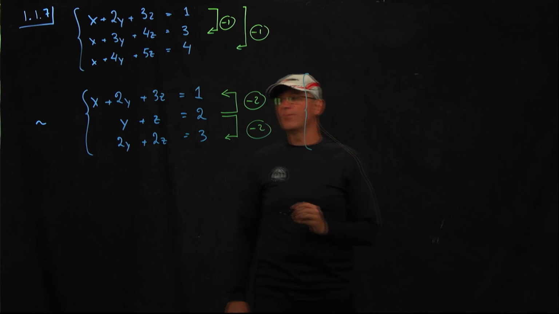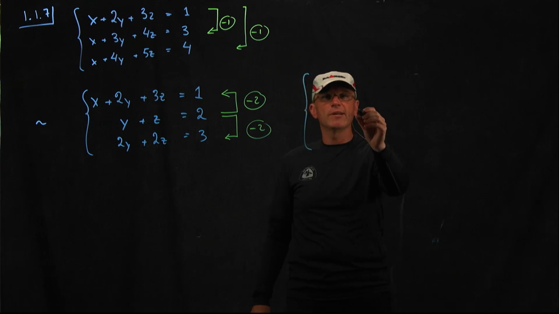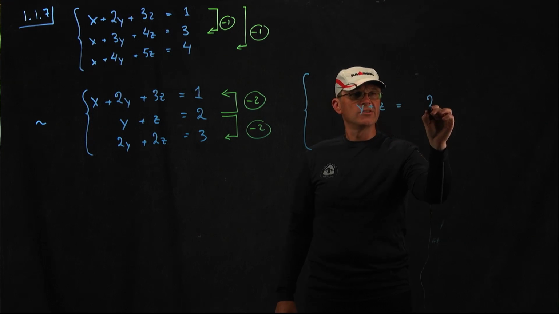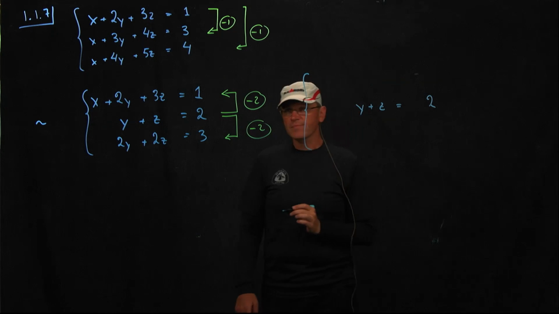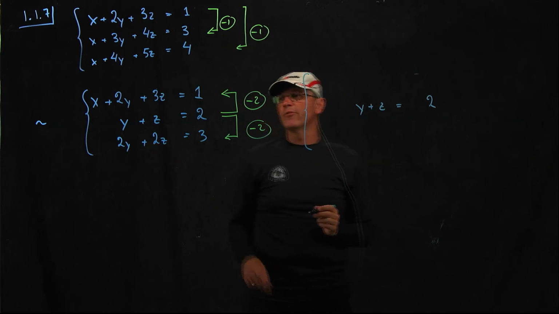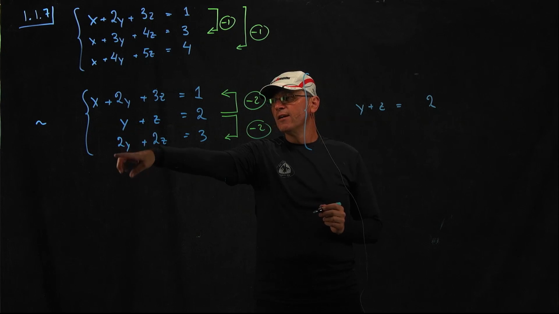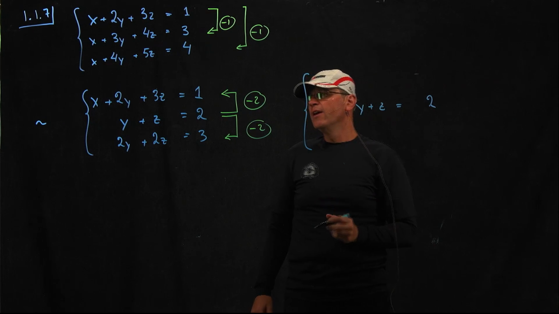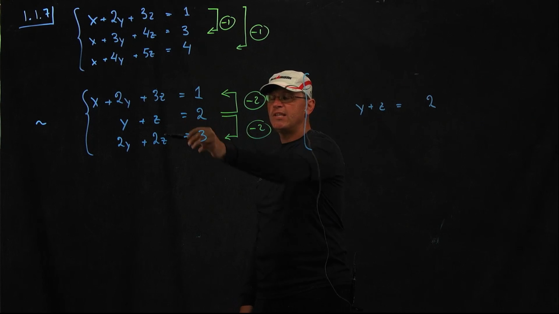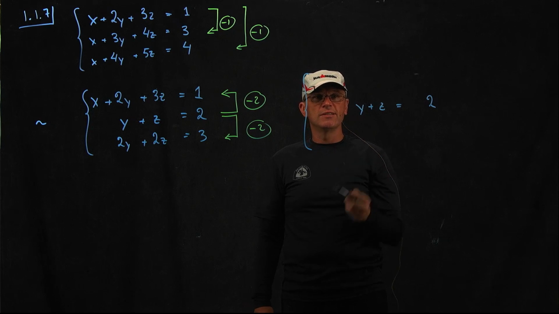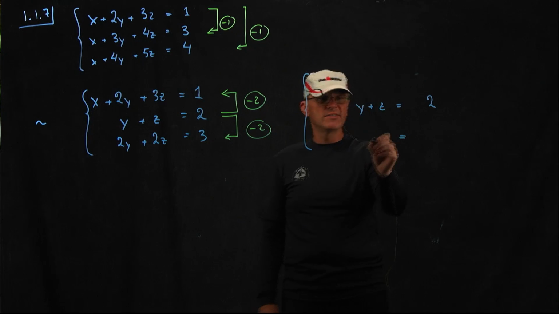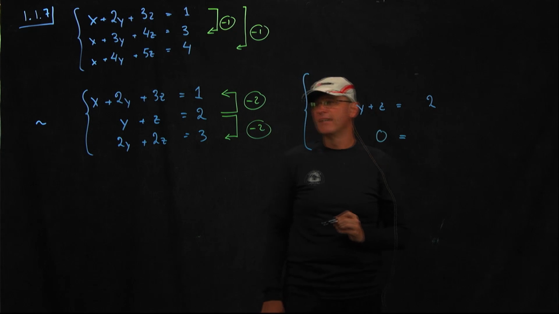I'm going to do it in the opposite order, right? So the middle is not going to change. And what happens in the bottom row, right? We'll be subtracting 2y from 2y, so the y's go away. And then we're subtracting 2z from 2z, so the z's go away, right? So nothing survives, actually we get a 0 here.